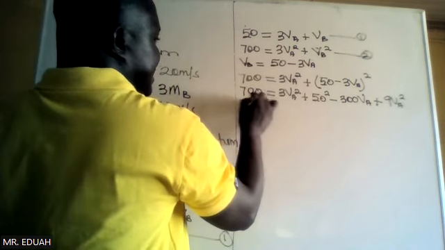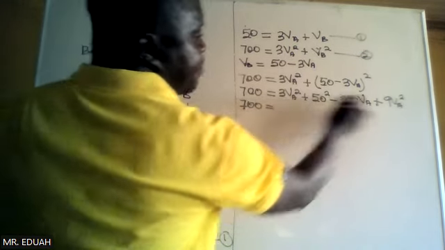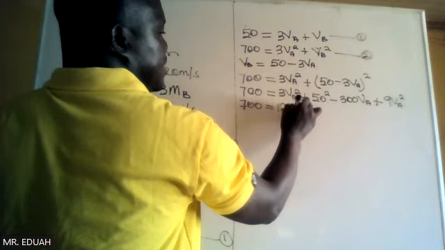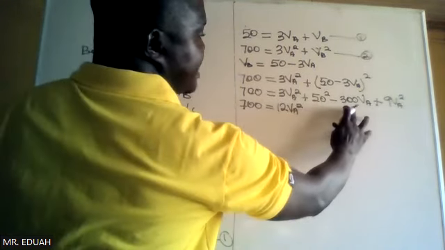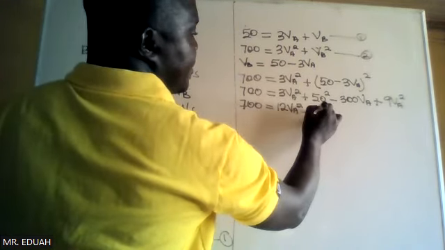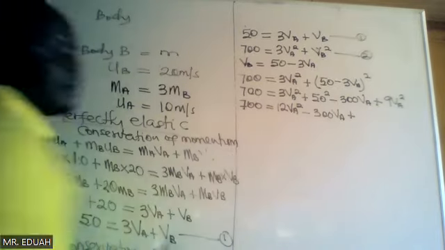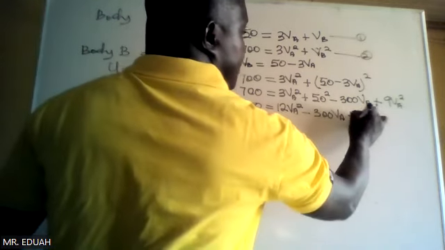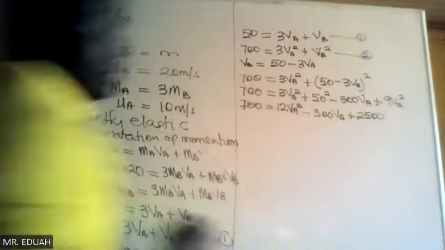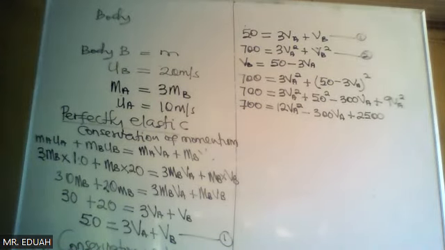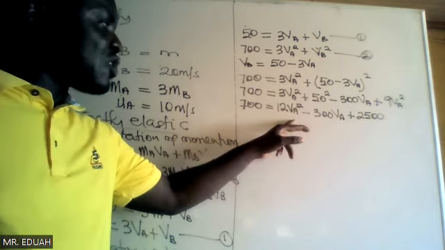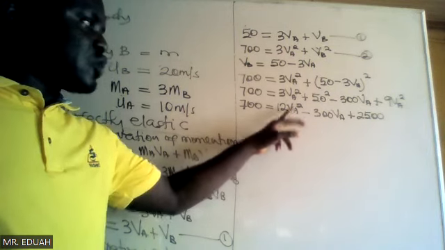So grouping like terms: 3VA squared plus another 9VA squared, so we have 12VA squared, minus 300VA. Now the square of 50 is 2500. We always want a positive value of the highest order. The highest order is the square.